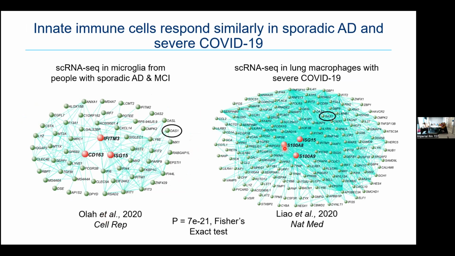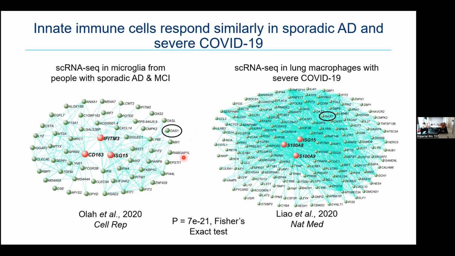I'm just going to put together side by side now the microglia from the brain responding to amyloid pathology or to Alzheimer's pathology, and the lung macrophages responding to COVID-19. It's not a surprise that there's a significant overlap in the genes that are present in these networks. OAS1 is quite central to both, but they share other features as well. This interferon-responsive gene 15 here is a hub gene in both of those.